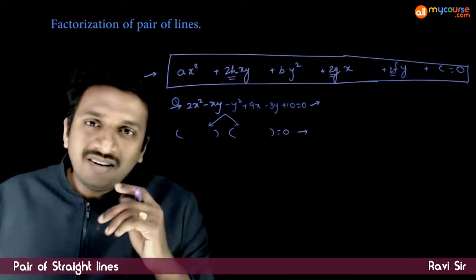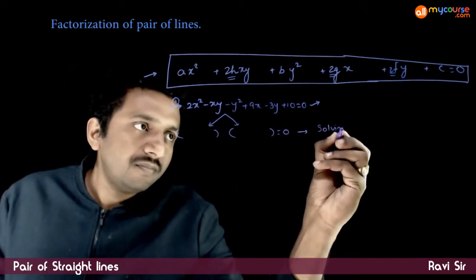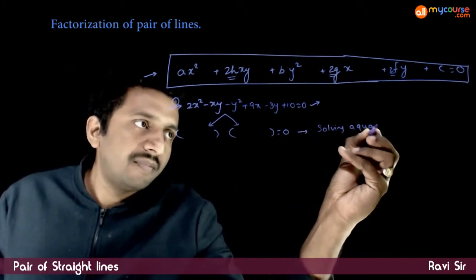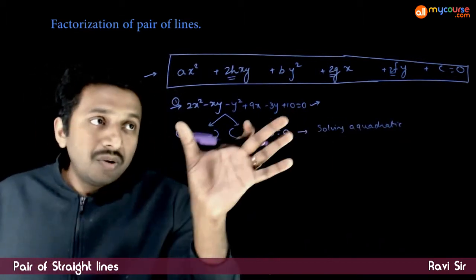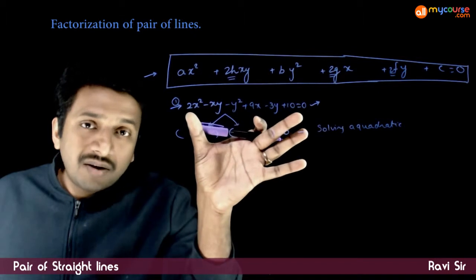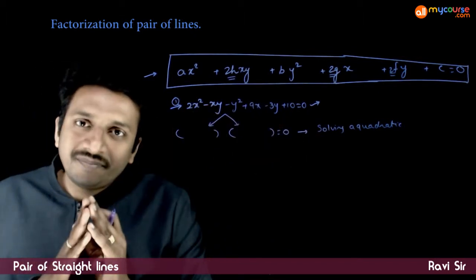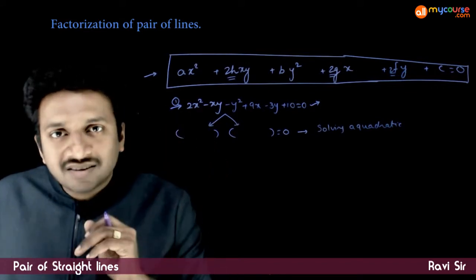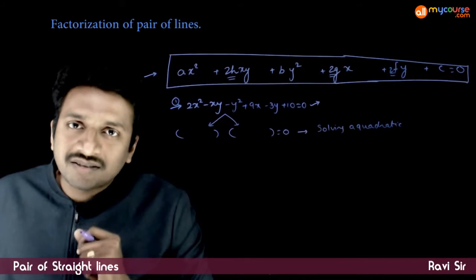The method involves solving a quadratic. You know how to solve a quadratic. So we try to convert this into a quadratic in one of the variables. Let us take x, convert this into a quadratic in x and solve for x.